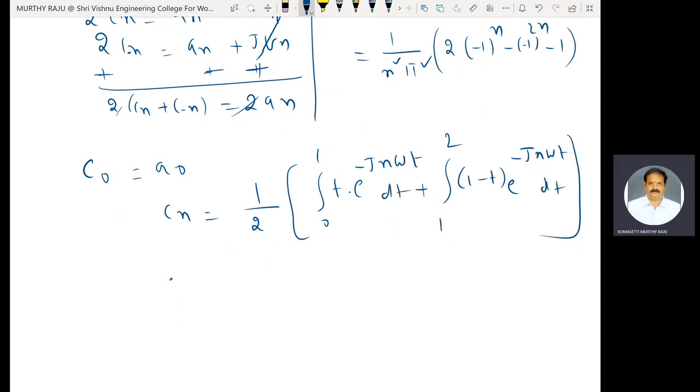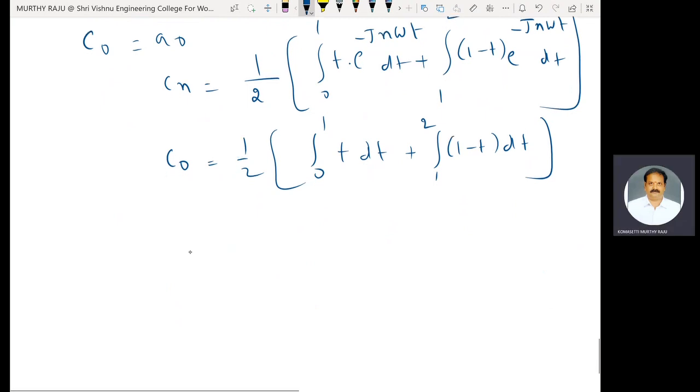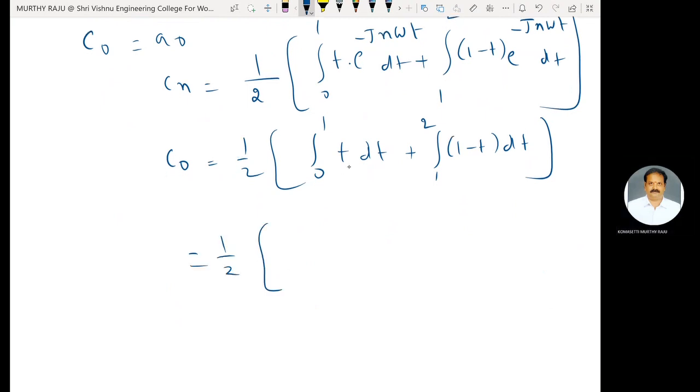But n equal to 0 means C naught is 1 by 2, e power 0 is 1, integral 0 to 1 t dt plus 1 to 2 1 minus t dt. That is equal to 1 by 2 t square by 2, 0 to 1, integral of 1 dt is t minus t square by 2, 1 to 2.